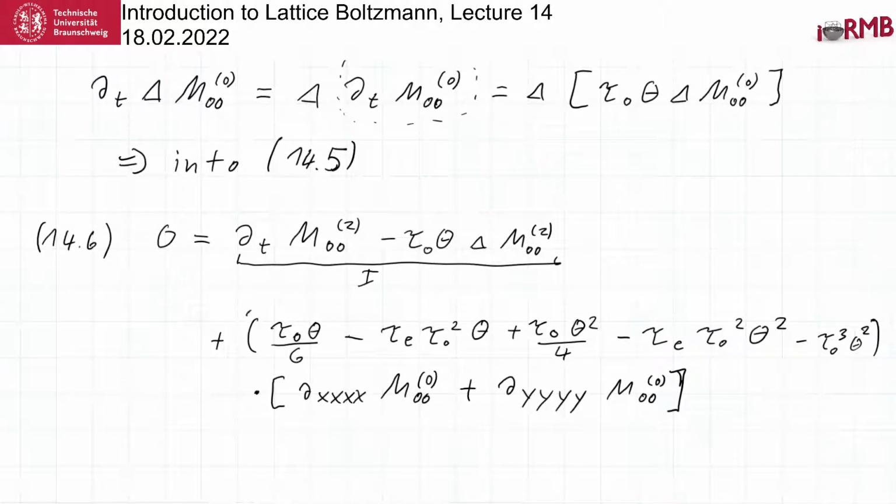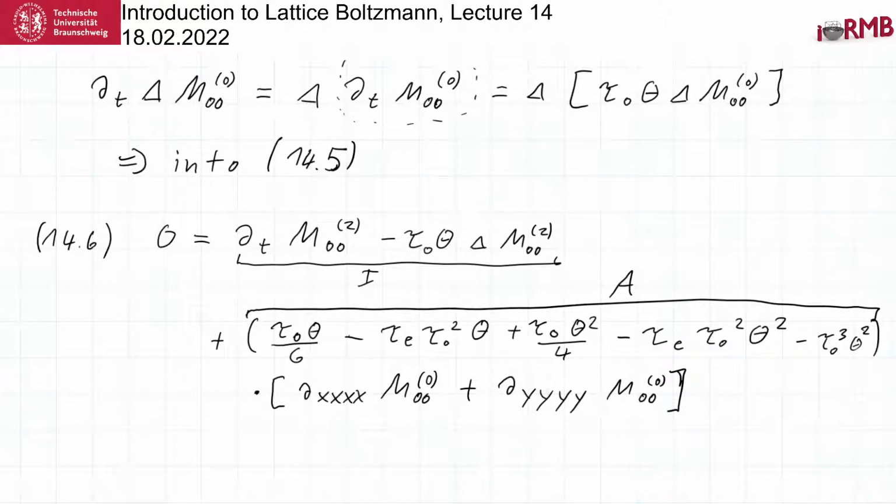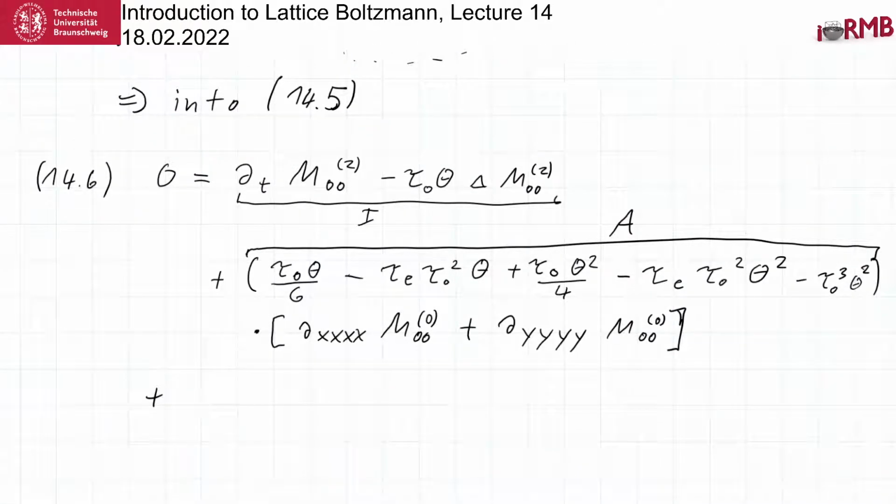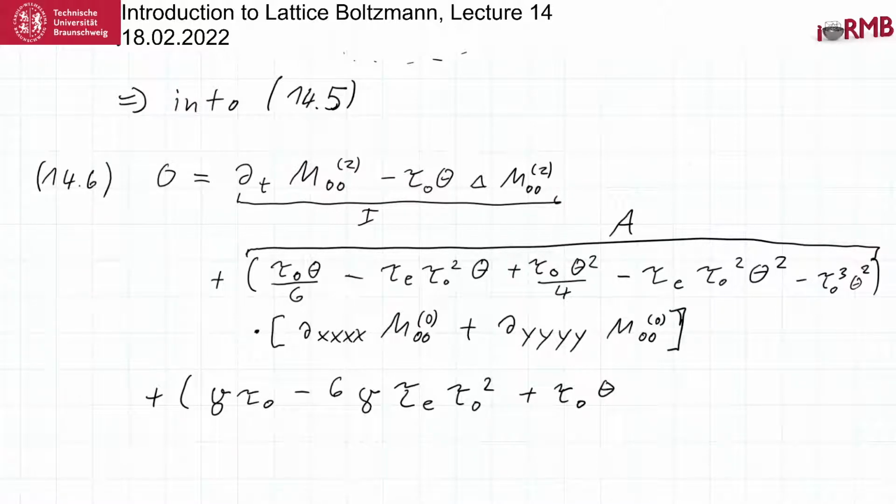So this guy here I call now A. And we get another term that is gamma tau odd minus 6 gamma tau even tau odd square plus tau odd theta square half minus 2 tau even tau odd square minus 2 tau odd cube theta square.